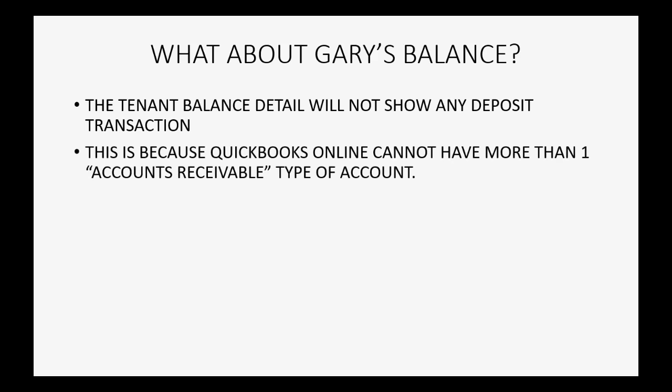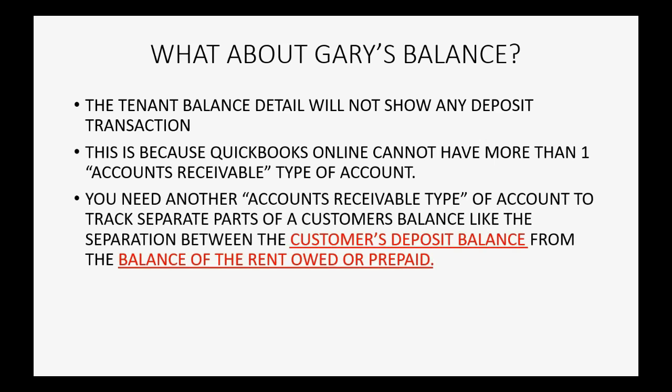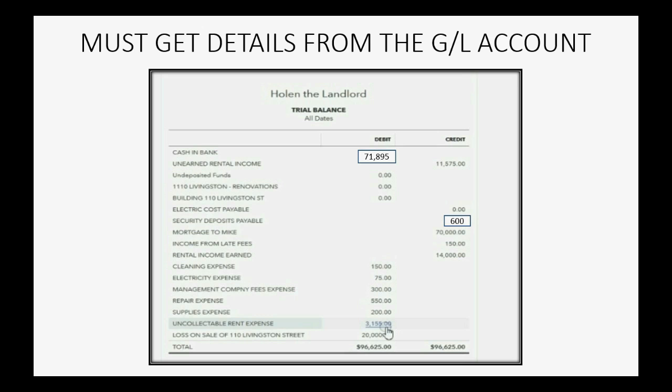This is because QuickBooks Online cannot have more than one accounts receivable type of account. You would need another accounts receivable type of account to track separate parts of a customer's balance, like the separation between a customer's deposit balance from the balance of the rent owed or prepaid. So what do you do? Well, you must get the details from the security deposits payable account.